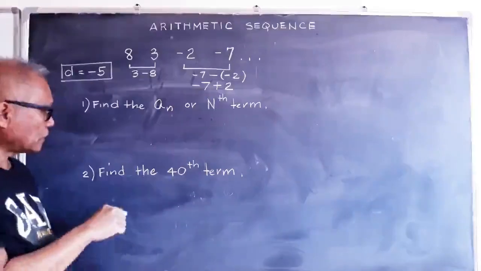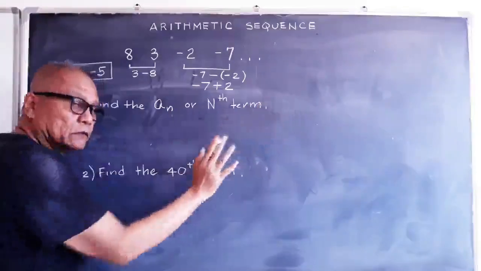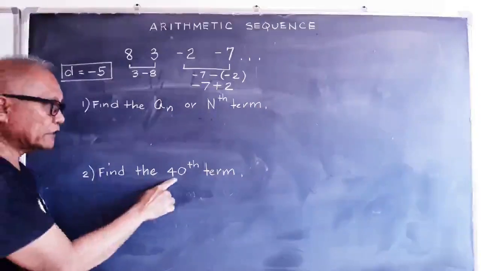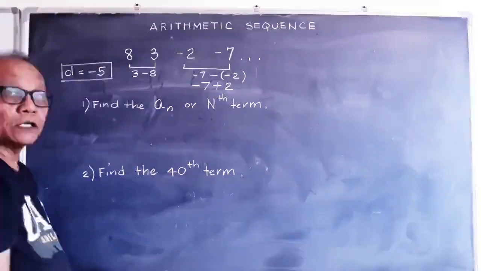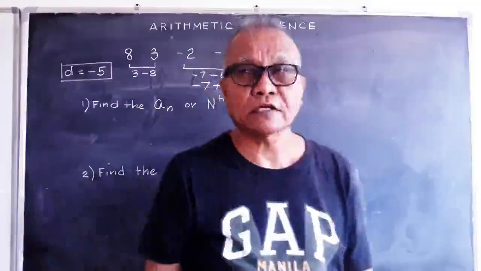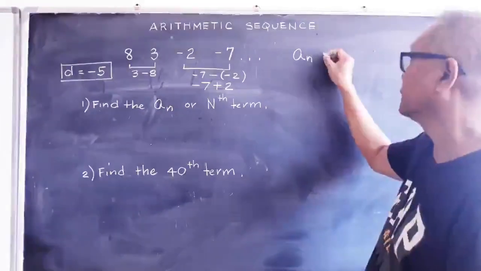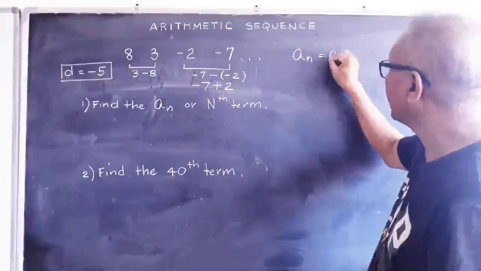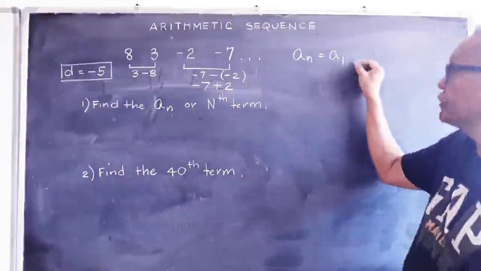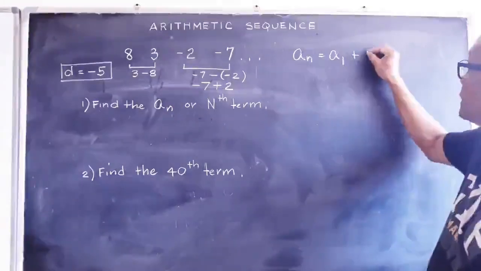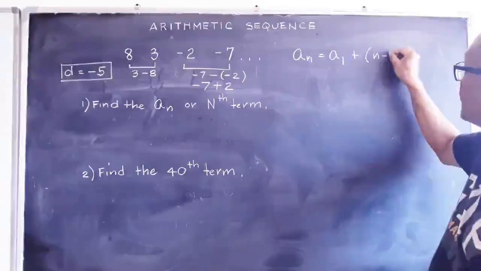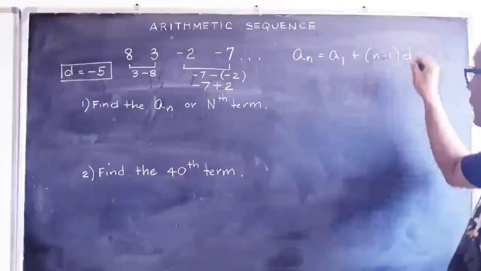If the question is, find the 40th term, then use our formula. And what is that formula? I'm going to write A_N is equal to A1 plus N minus 1 times the difference.